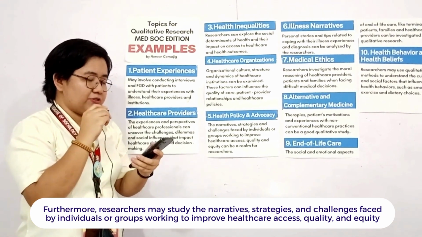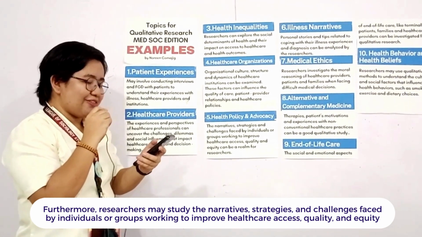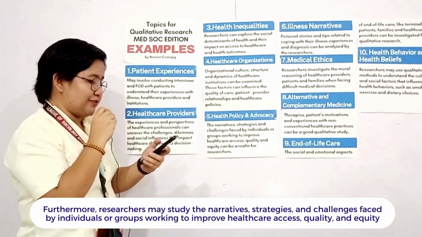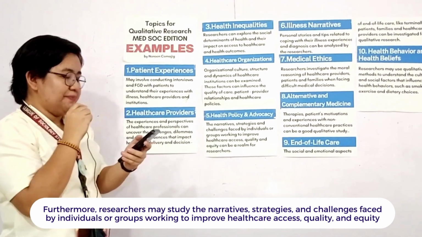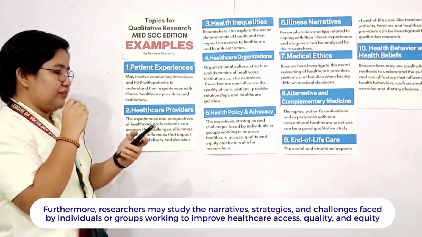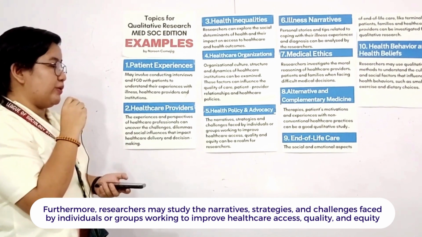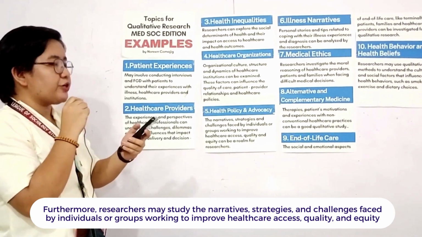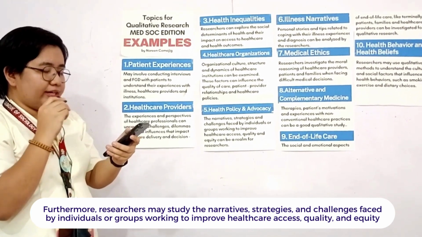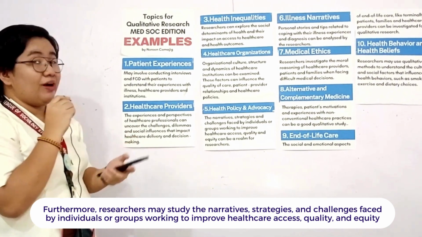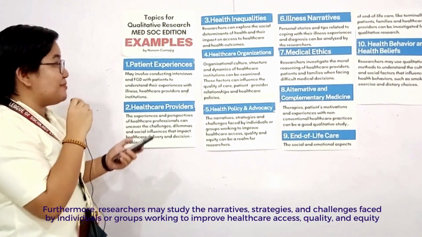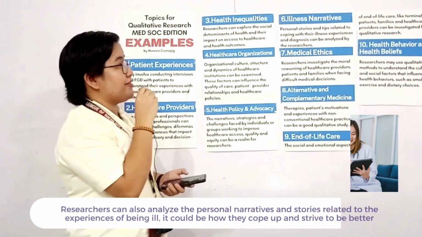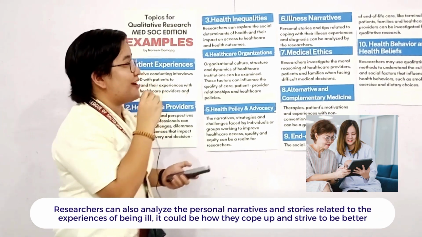Qualitative research can also delve into the realm of healthcare policy and advocacy efforts. Researchers may study the narratives, strategies, and challenges faced by individuals or groups working to improve healthcare access, quality, and equity. Number six is, of course, illness narratives.